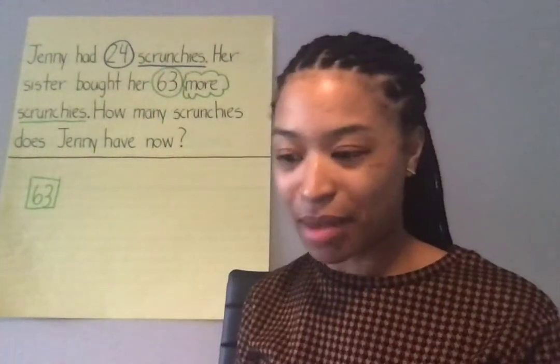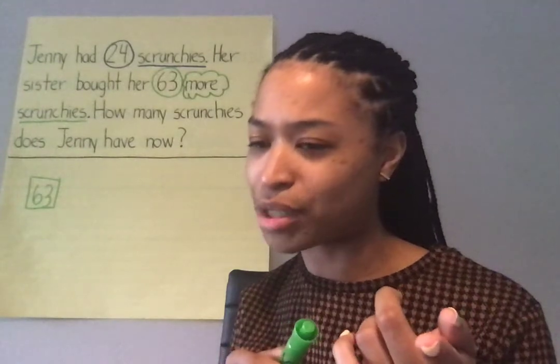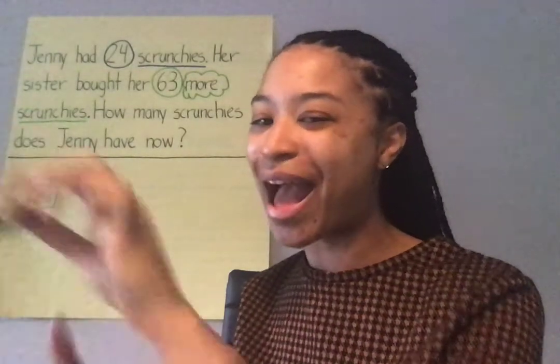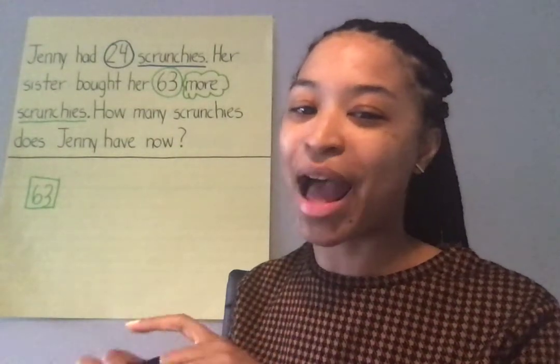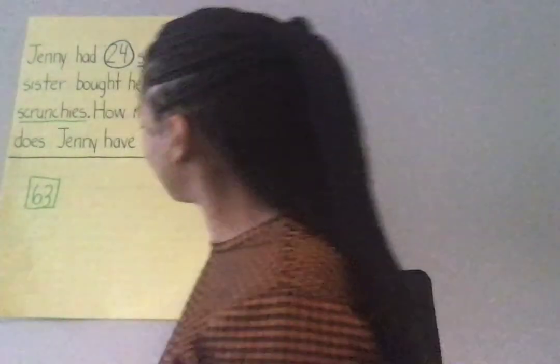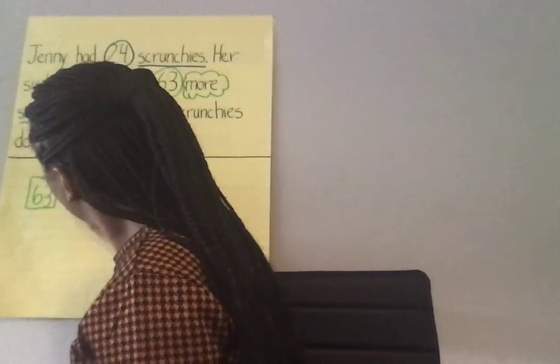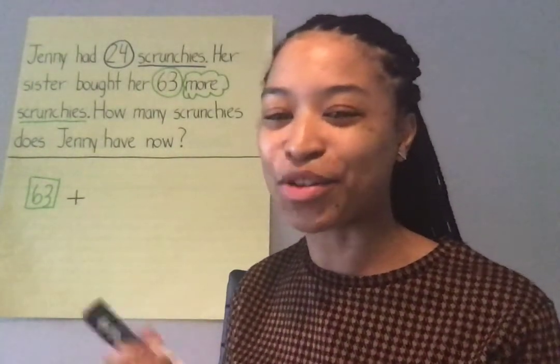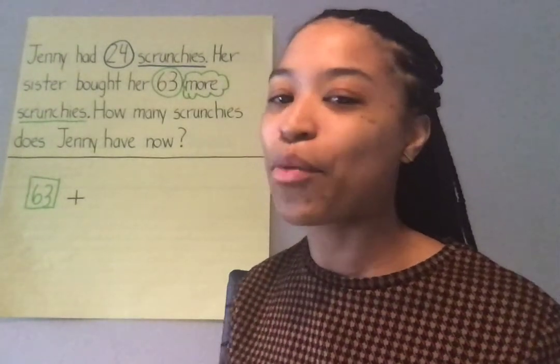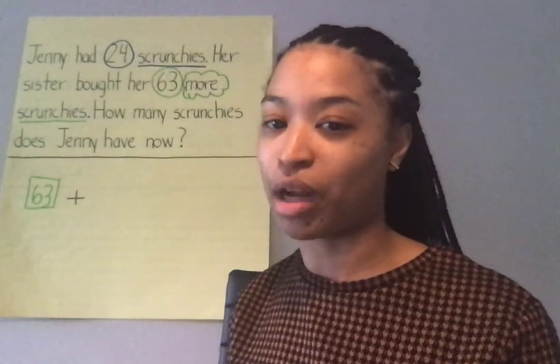Now that I have 63 in a box, we said that we were going to add or subtract. Yes, we're going to add. So put the symbol that shows that you are going to add on your paper. If you put a plus sign, you're right. We are going to add, so we need a plus sign.